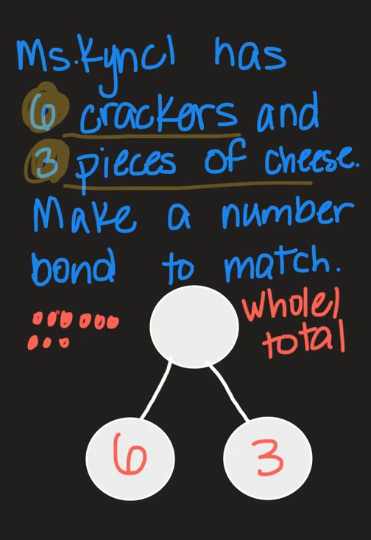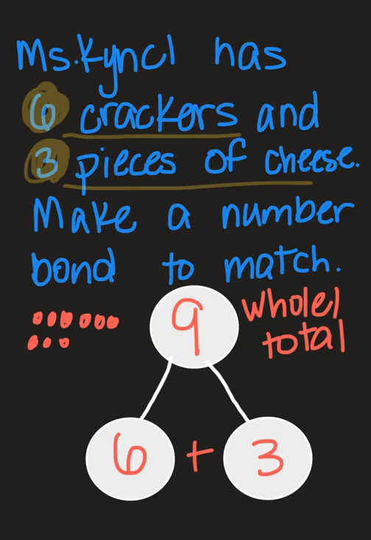So 1, 2, 3, 4, 5, 6, 7, 8, 9. So I have 9 pieces total. 9. Because I have 6 crackers and 3 pieces of cheese. When I add those together, I get 9.